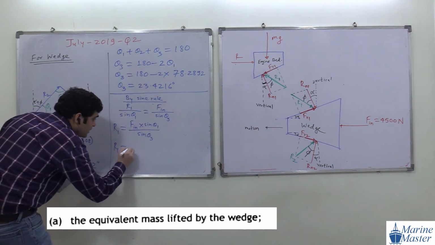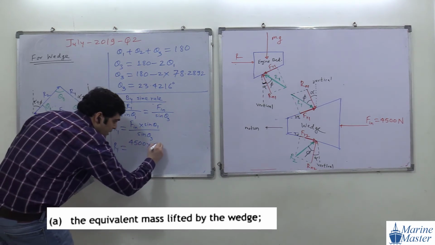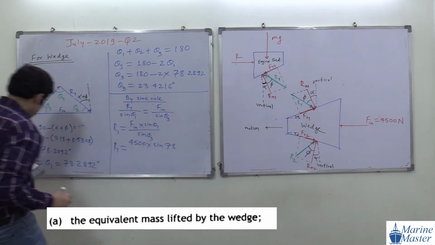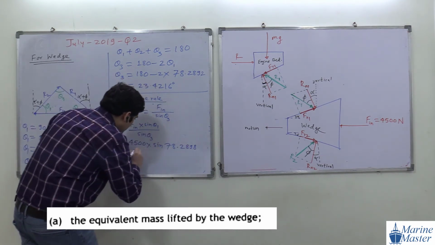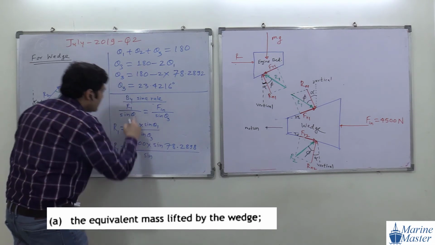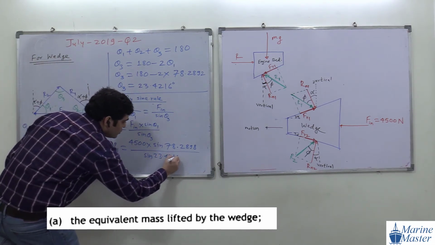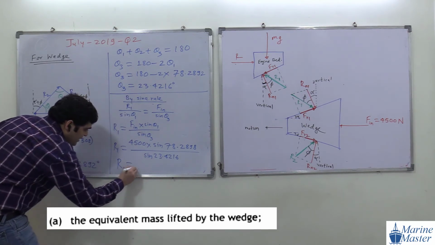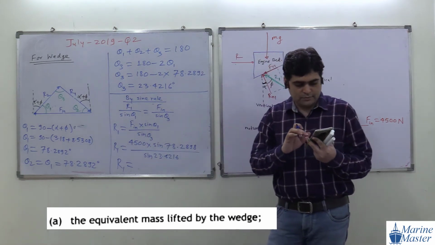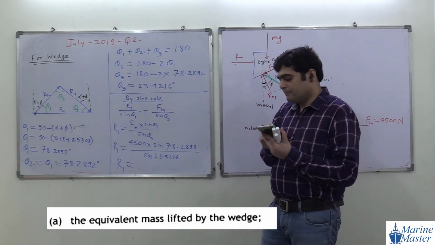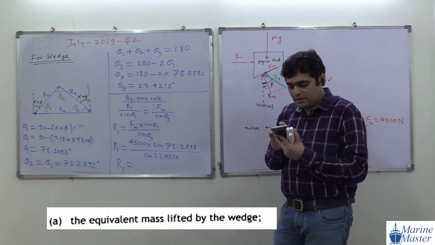So R1 is 4500 multiplied by sine of 78.2898, divided by sine of theta 3, which we just calculated as 23.4216. Please everyone tell me the value of R1. Please try to do the calculation properly, and always try to do the calculation with me.